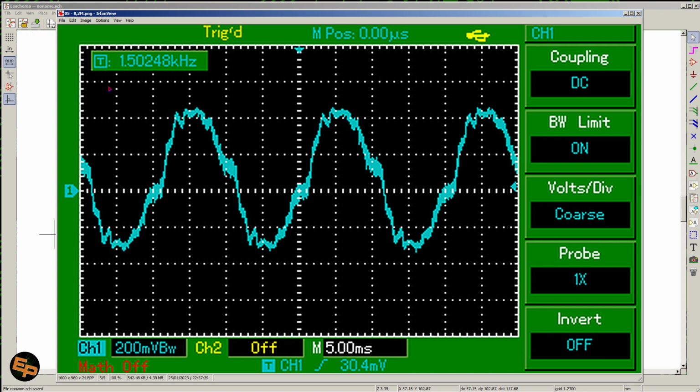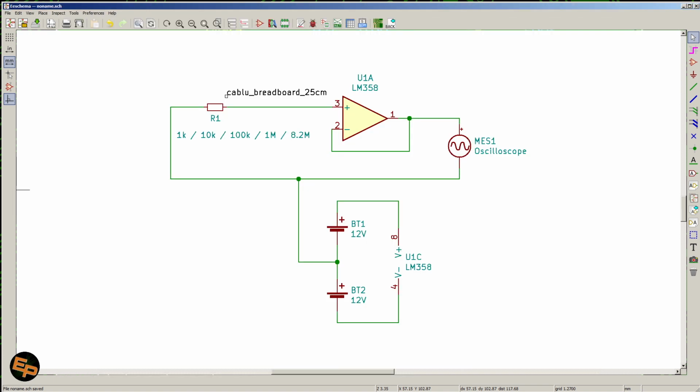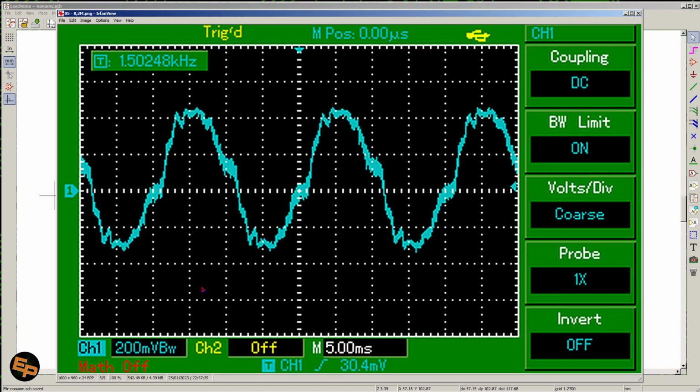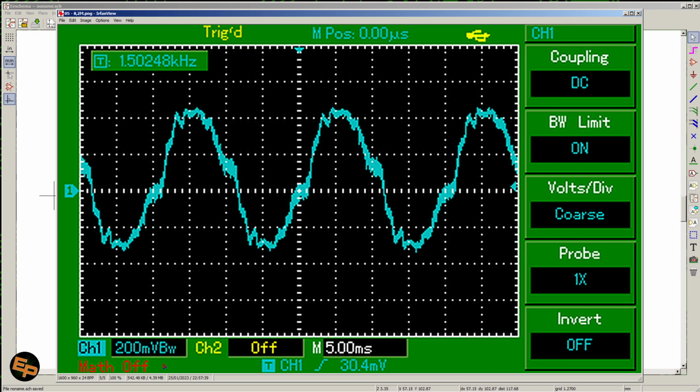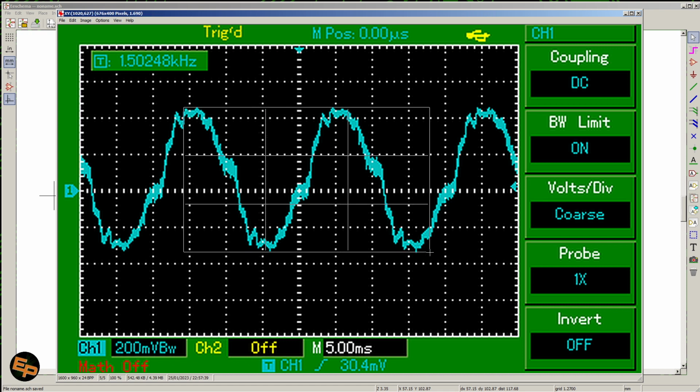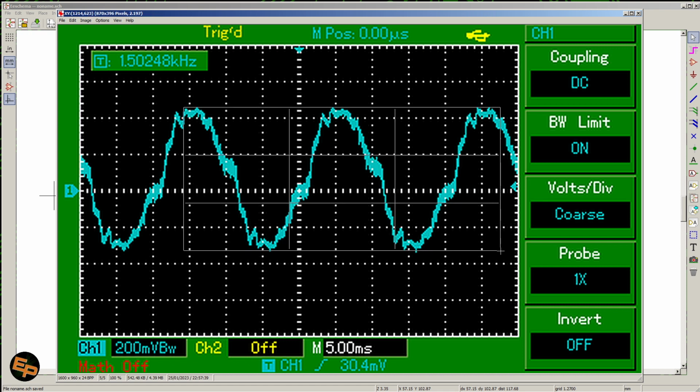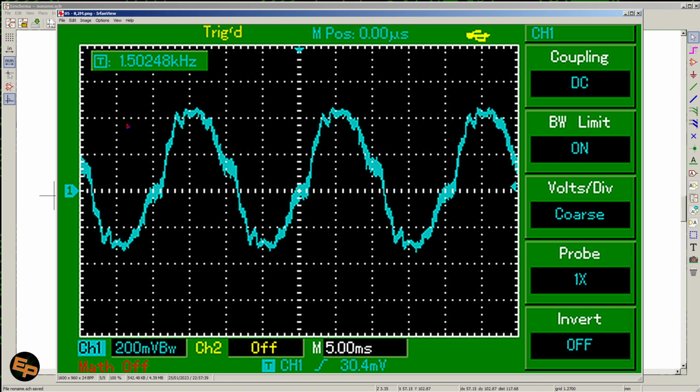And the final value, when I put 8.2 megohms for this resistor, we have the highest parasitic signal of them all: 200 millivolts per division, and oh boy, about 700 millivolts peak to peak of interference.